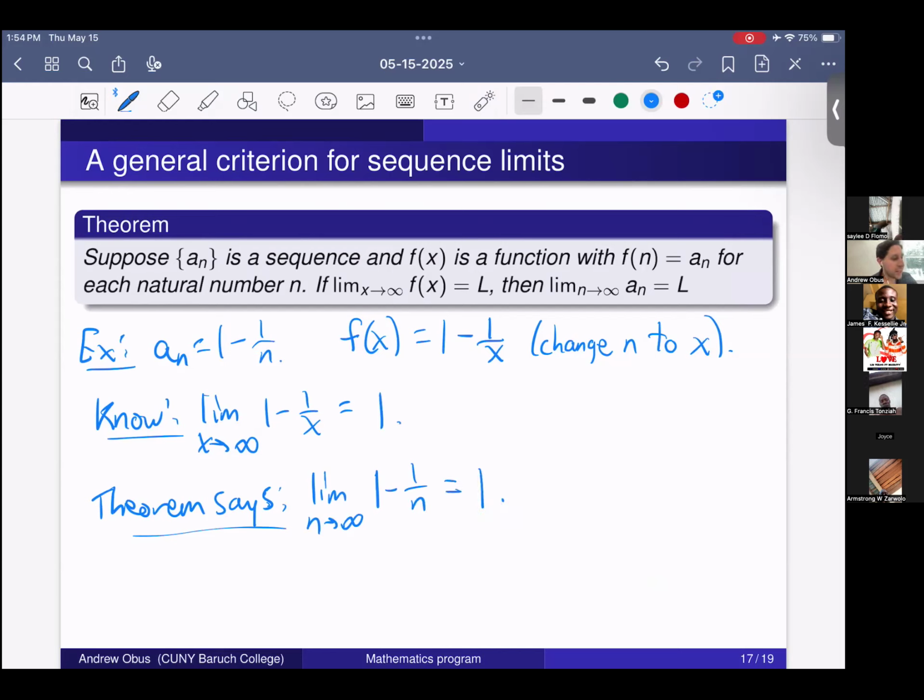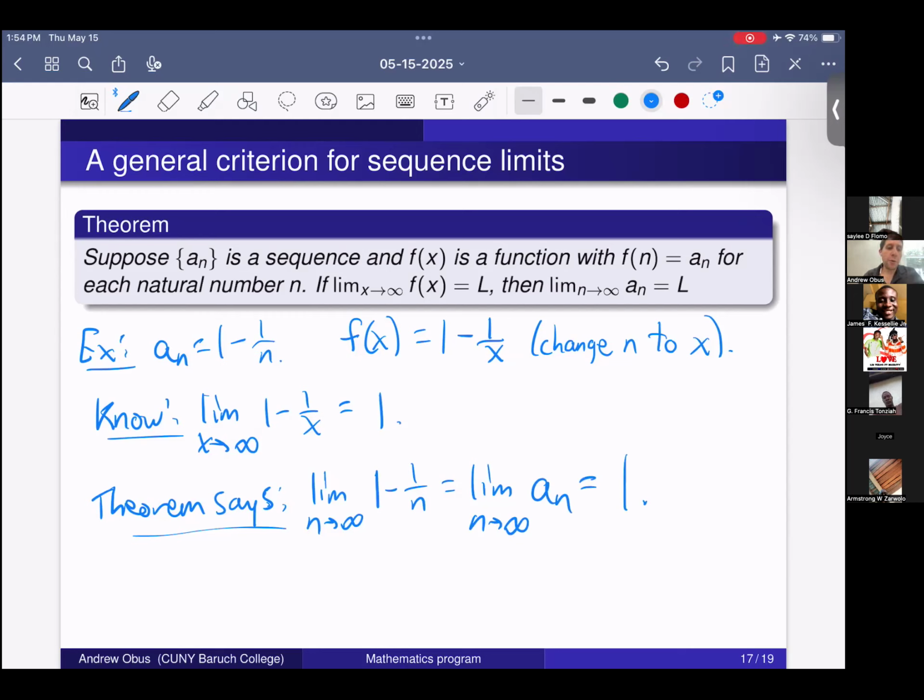So it just says that if you can do the limit in terms of functions and you get a value, 1, then the limit of the sequence is the same thing. It doesn't matter whether you're using x's or n's. So let me write one extra little line here. This is equal to the limit as n goes to infinity of a_n, and this is equal to 1.